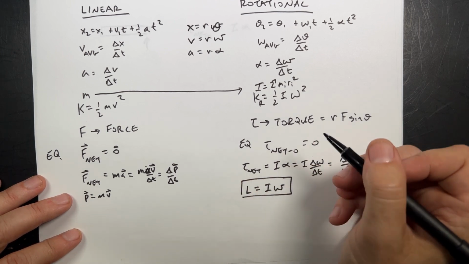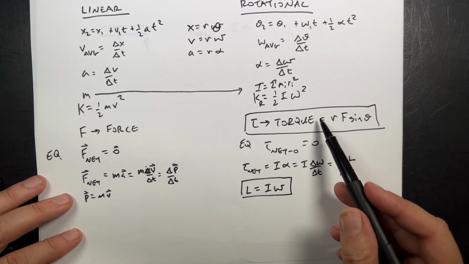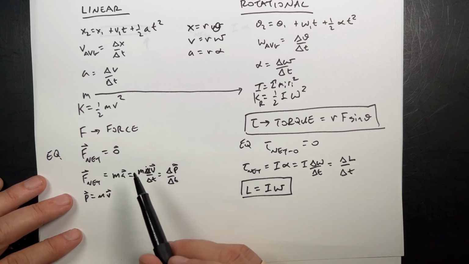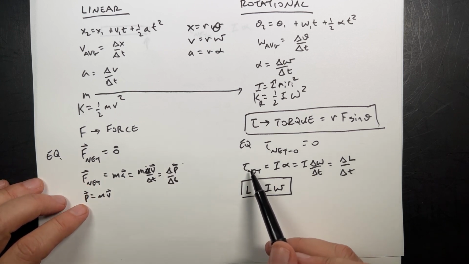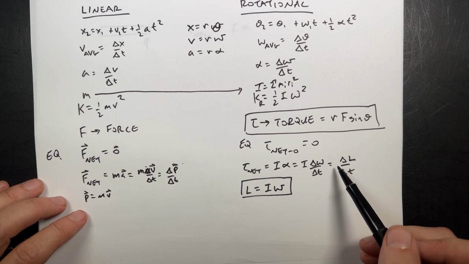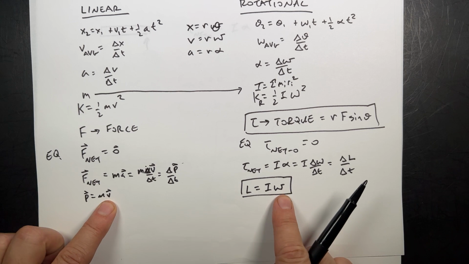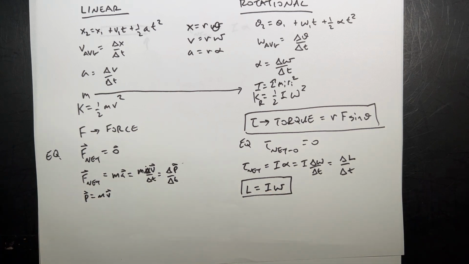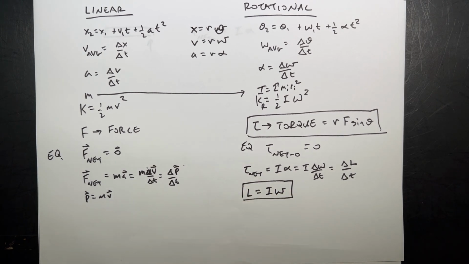I'm circling that, and I'm putting a box around that, because the name of the chapter was torque and angular momentum, and this is angular momentum. So if you think back to forces, saying forces change the momentum of an object, a net torque changes the angular momentum of an object. And you can see how nice that looks. Look at this: mv, I omega. Mass, velocity. Rotational mass, rotational velocity. So it's really nice. This is a vector. I don't want to get into the vector nature of that right now because it gets a little bit complicated, but it is pretty cool.